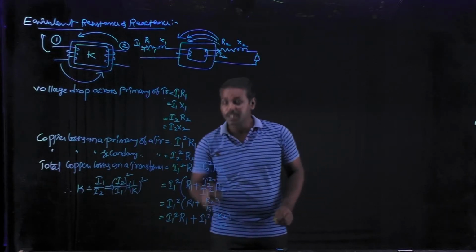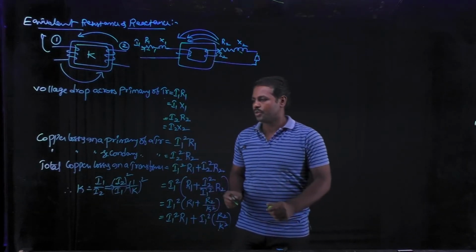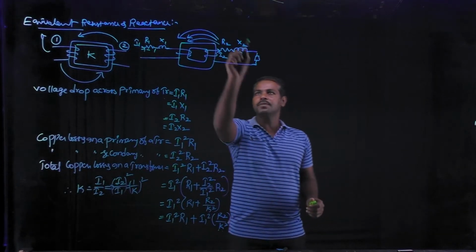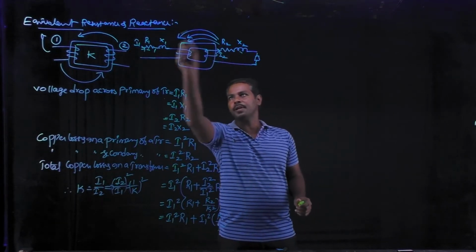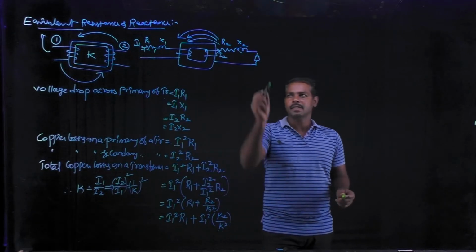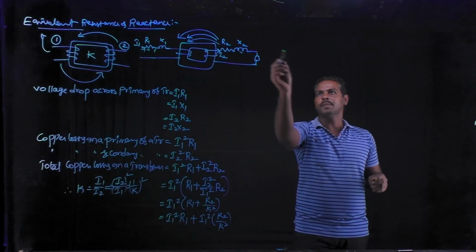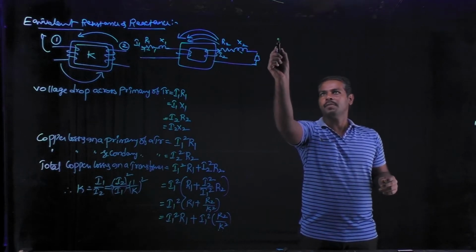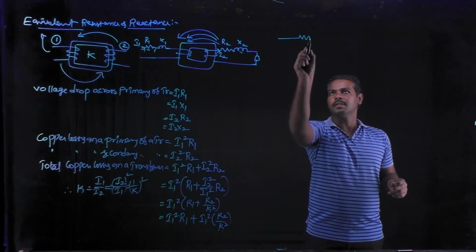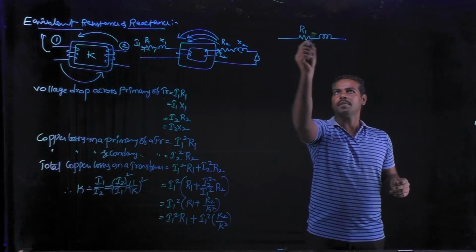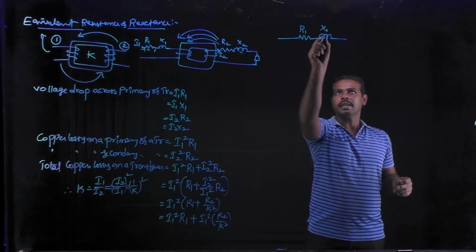The same applies to X2. That is why these values are referred to the primary side, and the entire circuit is simplified. First, the primary resistance and reactance remain R1 and X1.